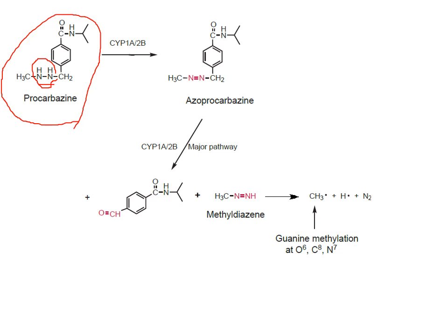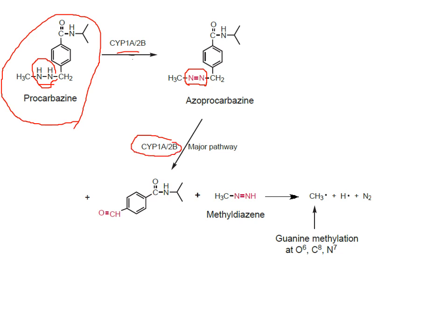And the way it's activated, this hydrazine gets oxidized by cytochrome P450 to N double bond N, and that functional group, as we said earlier, is called diazo. And so this procarbazine is converted to azoprocarbazine because it has an azo functional group or diazo functional group. And that azoprocarbazine degrades further by the reaction with the cytochrome P450 again.